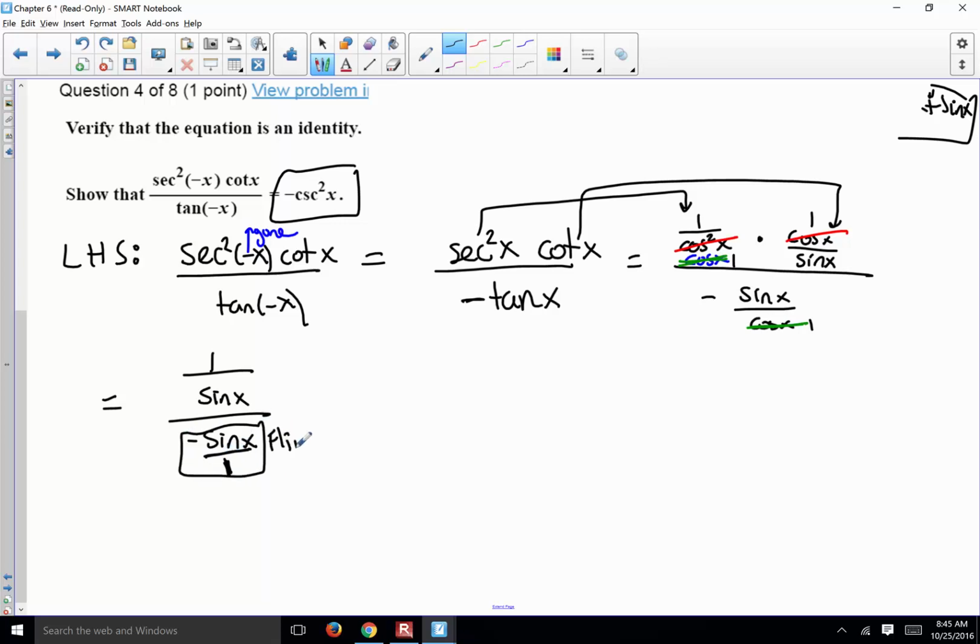So the top is the same, but the bottom becomes 1 over minus sine x and multiply. Flip and multiply. Oh, 1 times 1 is 1. Sine times sine is negative sine square.